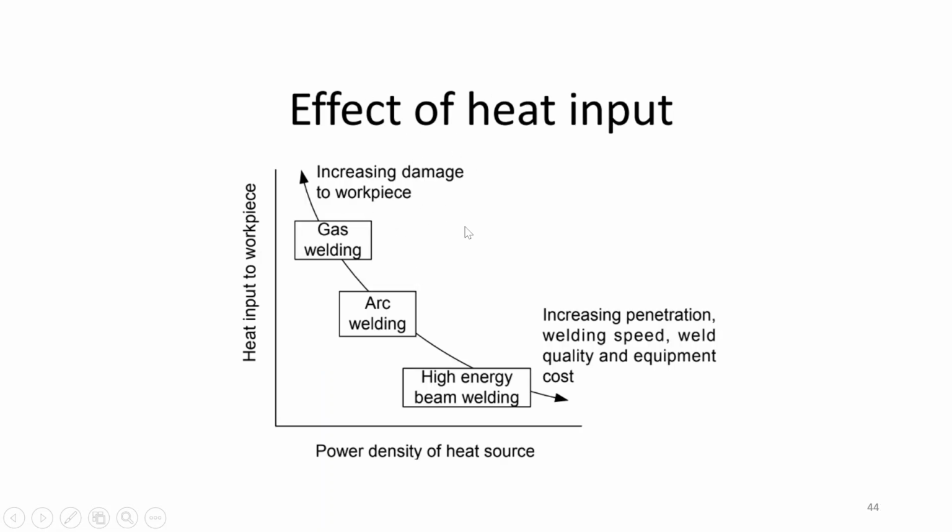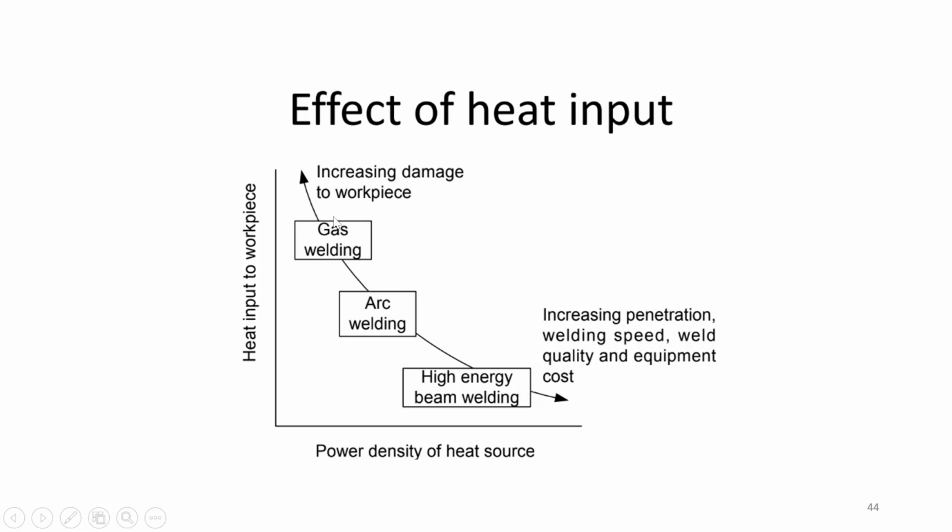Now these are the advantages. As you keep increasing the heat input to the workpiece, there will be increased damage to the workpiece. The microstructure will be distorted, there will be more distortion in the sample, and there will be more penetration to the depth of the sample. All these problems will be there when there is high heat input.